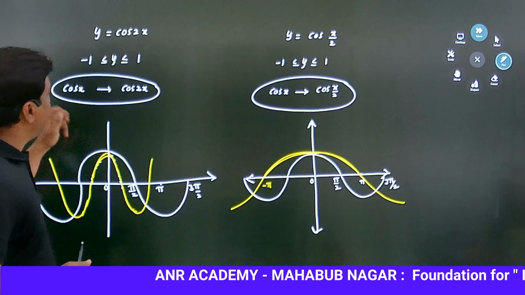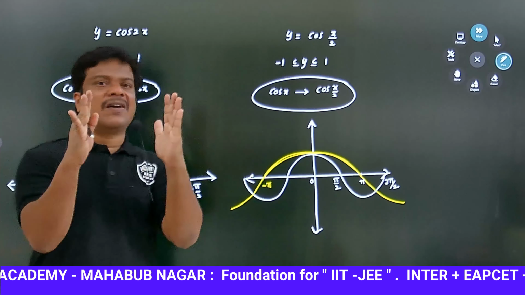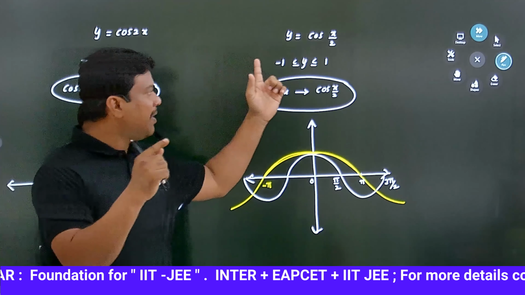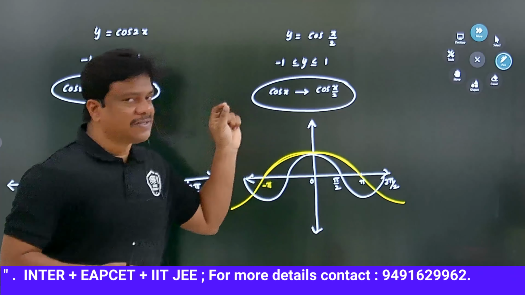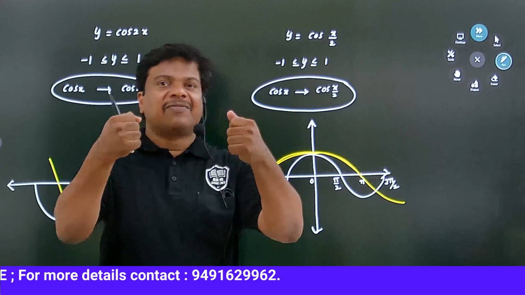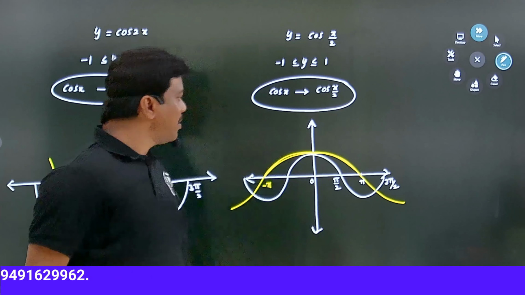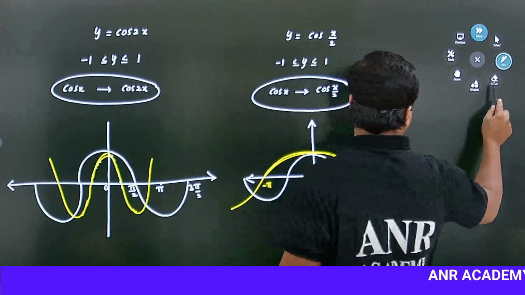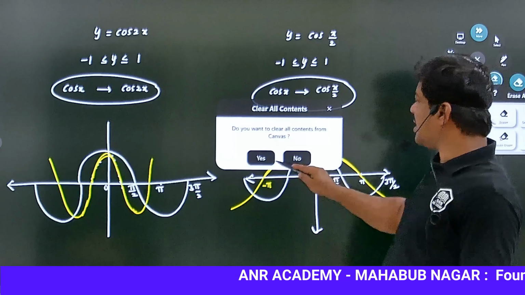Remember that when f of x changes to f of kx, just shrink the graph k units towards x directions. Next, when f of x transforms to f of 1 by k into x, then stretch the graph k units towards x directions in this way. So this is about the transformation from f of x to f of kx and f of x by k.